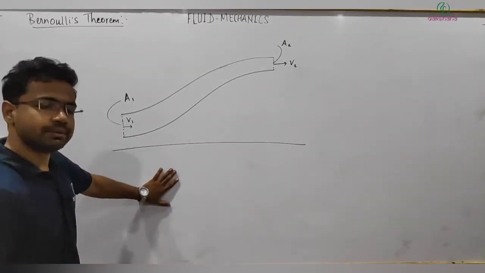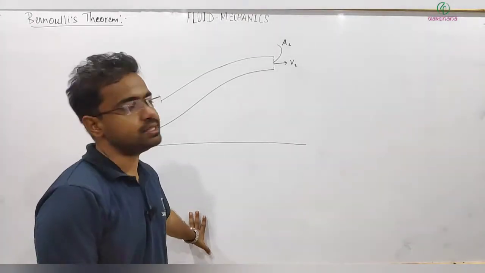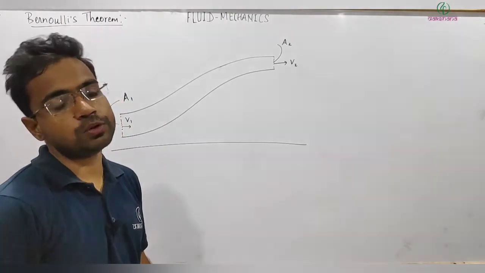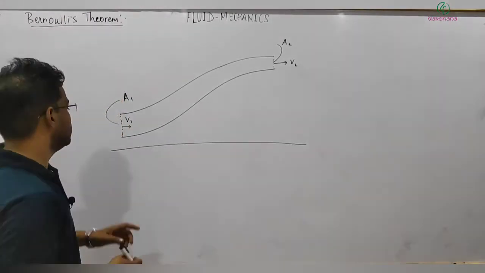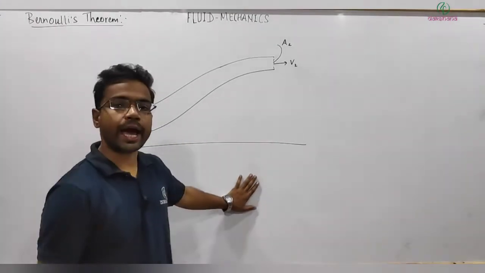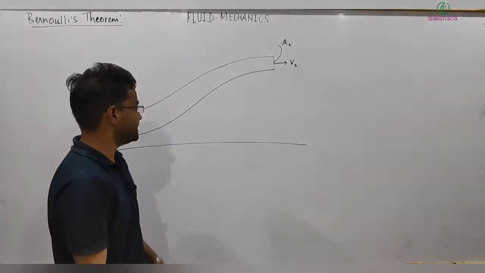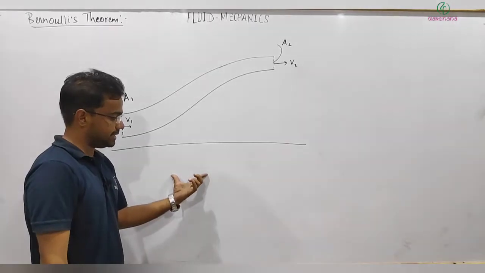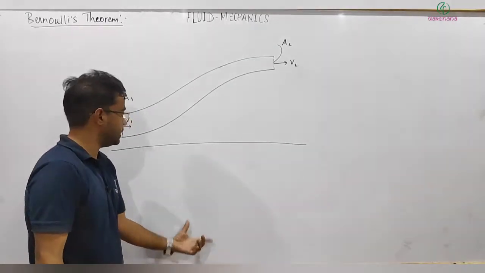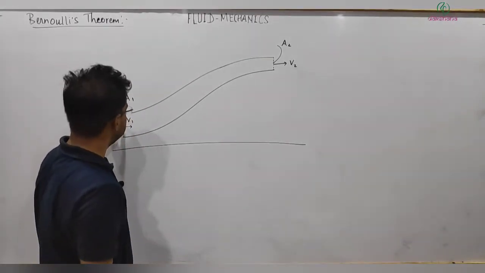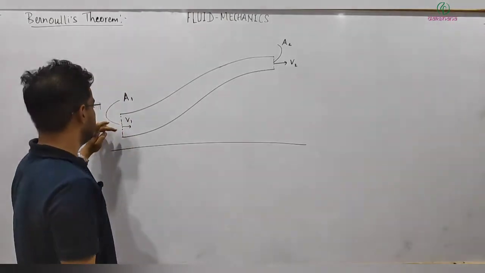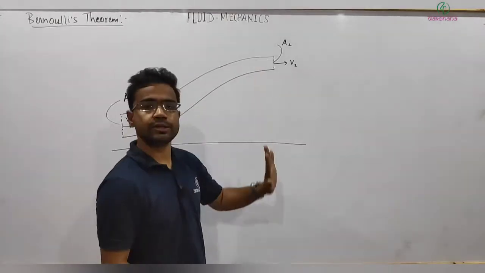To define the energy, because we need kinetic energy, potential energy and work done by pressure force, which we call pressure energy also, we need one reference line for potential energy. I am taking this reference line here; you can take it here, here, or even at the center of one of the parts.